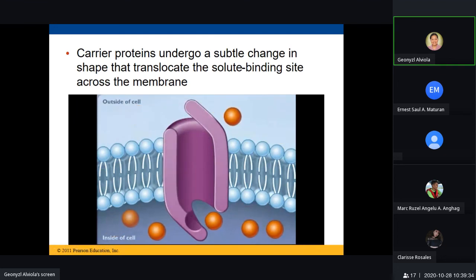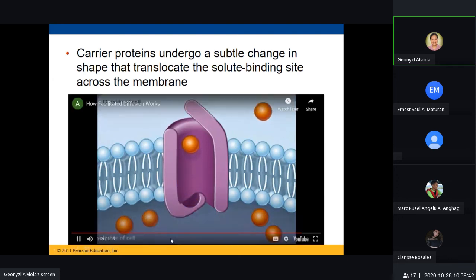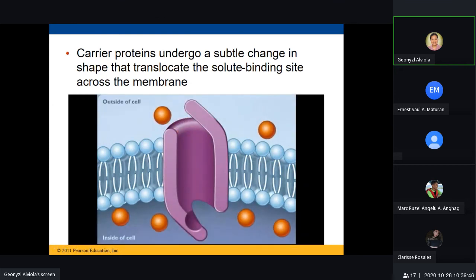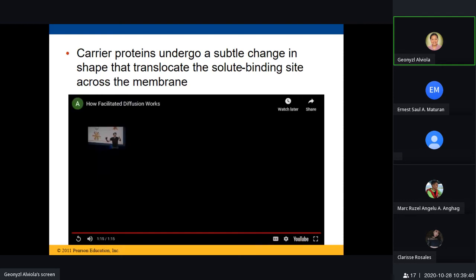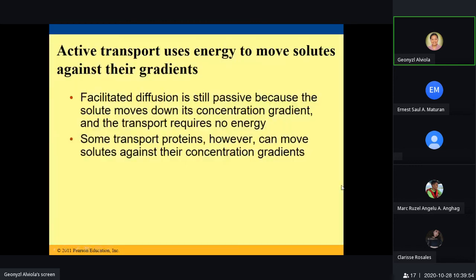Facilitated diffusion can occur in either direction, depending on the concentration gradient. If there is a higher concentration of the particular molecule inside the cell, the same carrier protein would then transport the molecules out of the cell. So, that is facilitated diffusion.